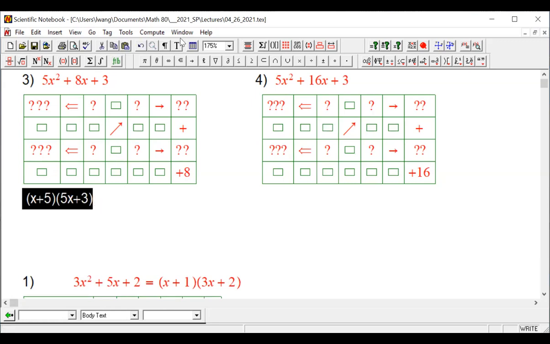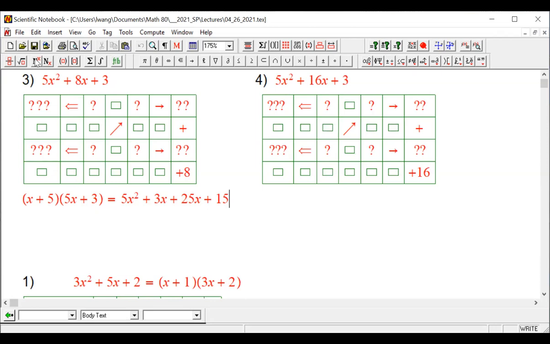Since you got this answer, what I would do if I graded your work is go straight to check it. You have x plus 5 times 5x plus 3, so I would go straight to FOIL. So 5x squared plus 3x plus 25x, and plus 15.